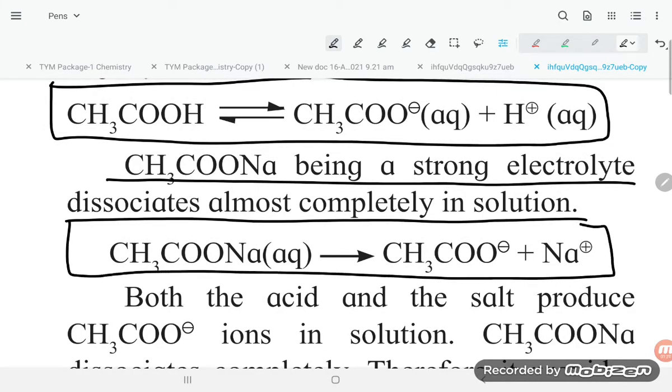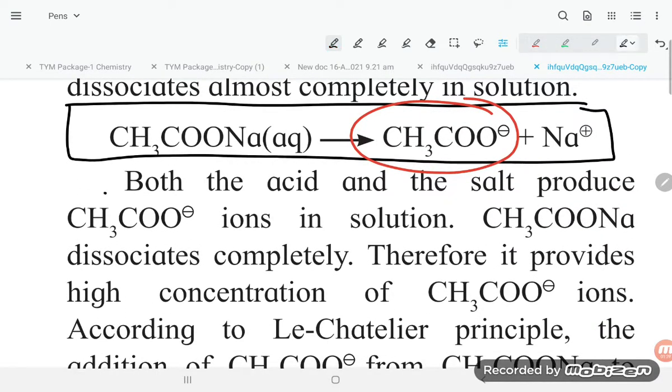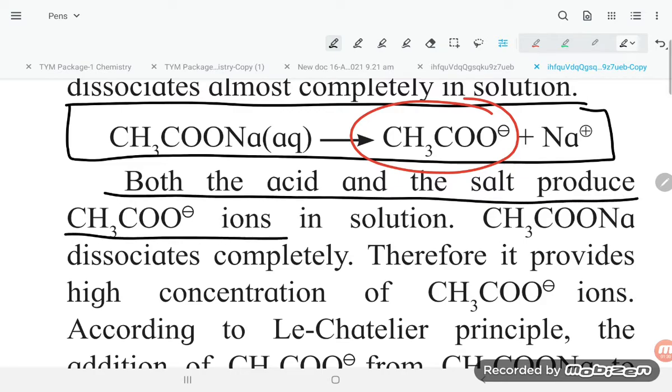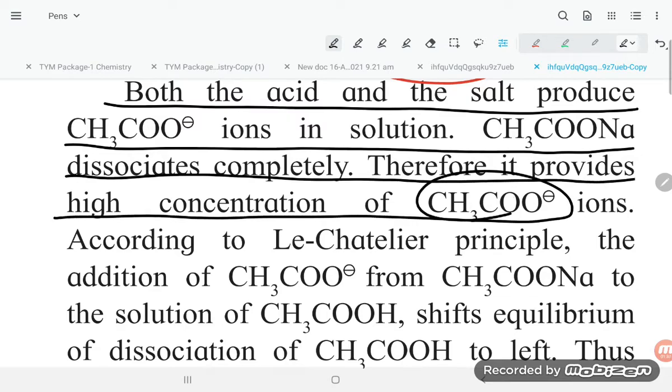Now what you can find here is the common ion, the acetate ion. Both the acid and the salt produce acetate ions. Sodium acetate dissociates completely, therefore it provides a high concentration of acetate ion.